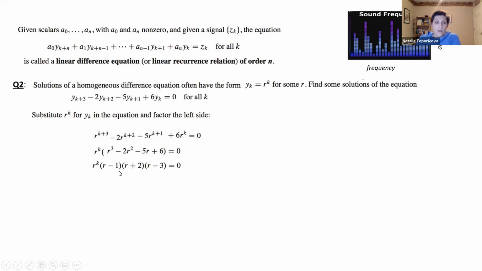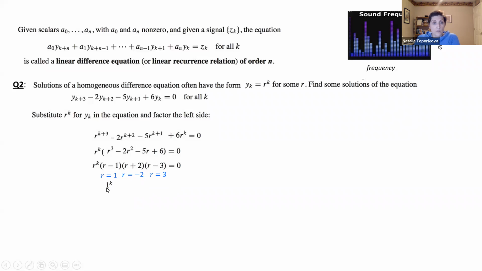Here we are pretty lucky because our zeros are pretty simple. The first factor gives us r is equal to 1. The second gives us r is equal to -2. And the third one gives us r is equal to 3. So we actually have not one, but three potential solutions for this equation, and each one of them should work.